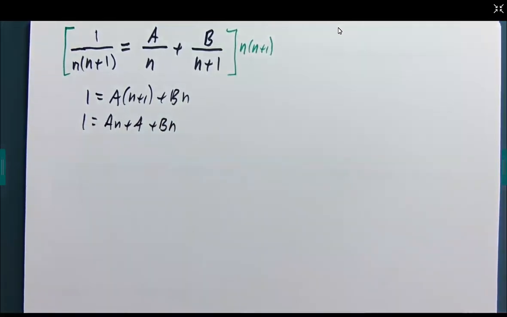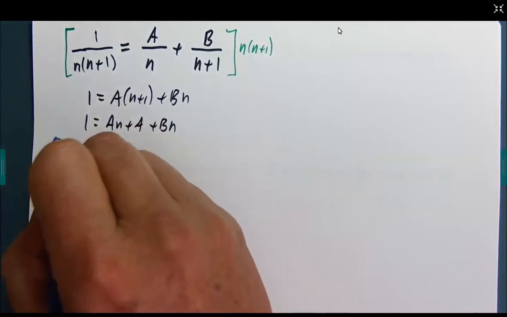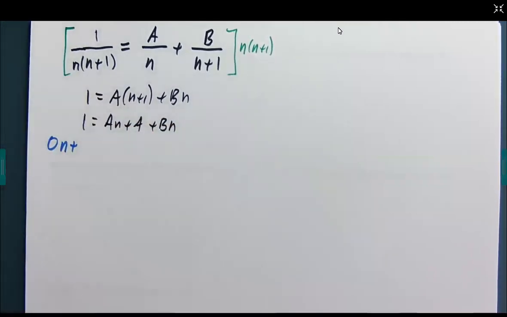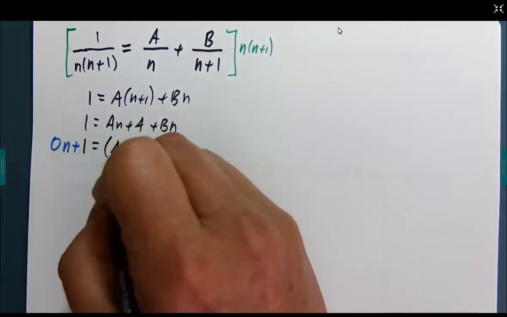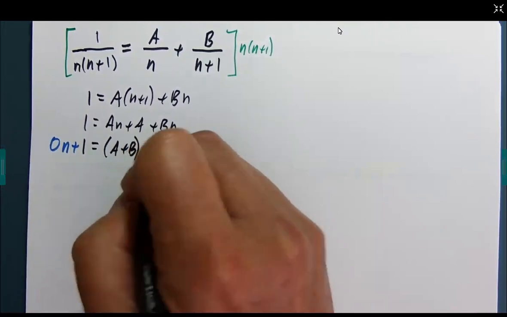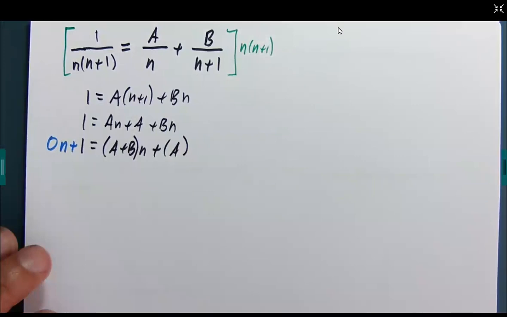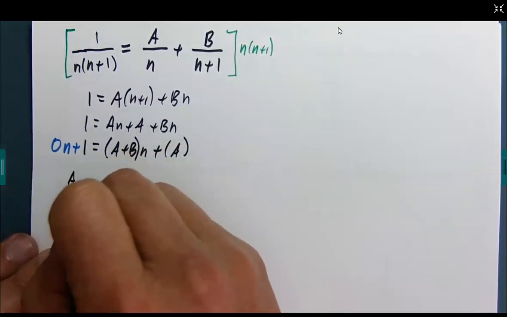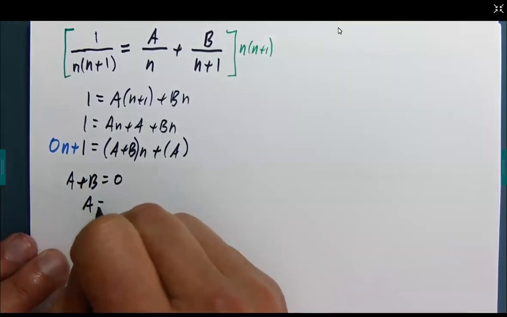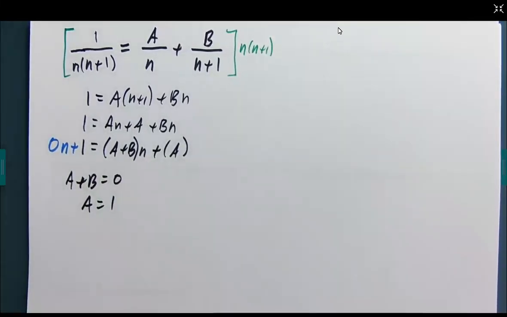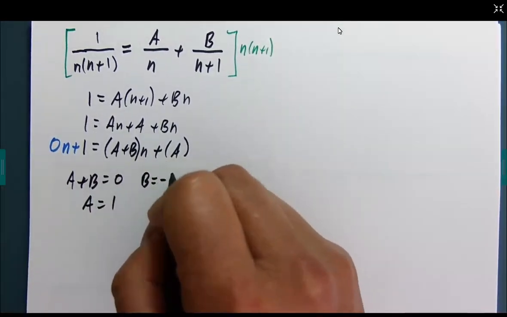I'm going to rearrange this and rewrite the first part like this. And this is going to give me that a plus b equals 0 and a equals 1. And very nicely, if a equals 1, that means that b has to equal negative 1.